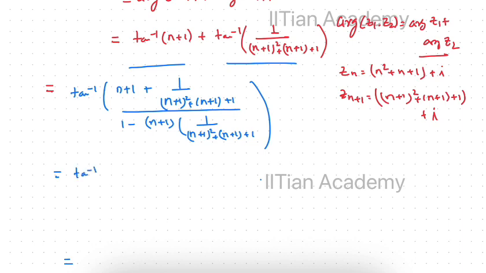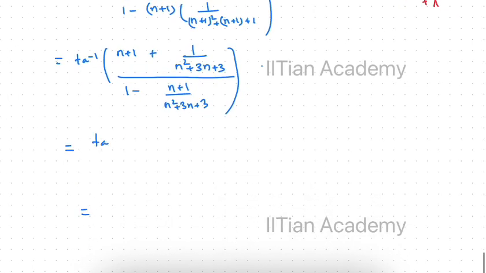This can further be simplified as tan inverse of (n plus 1) divided by (n square plus 3n) divided by 1 minus (n plus 1) divided by (n square plus 3n).